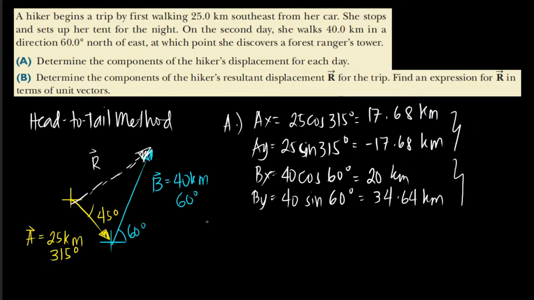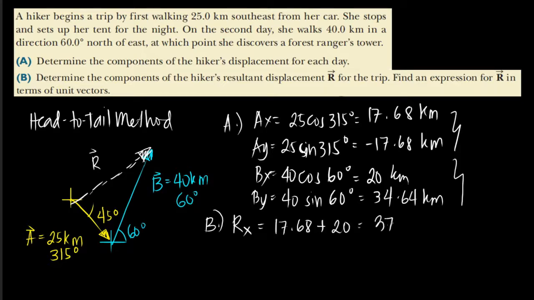Okay. Now, for part B, determine the components of the hiker's resultant displacement. The resultant displacement is the total component for x and the total component for y. So we use R. Rx is equal to 17.68 plus 20.